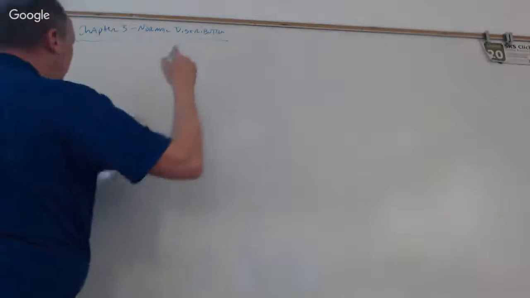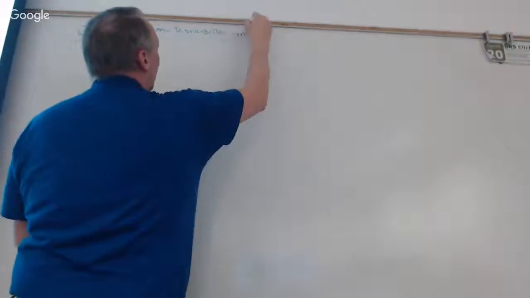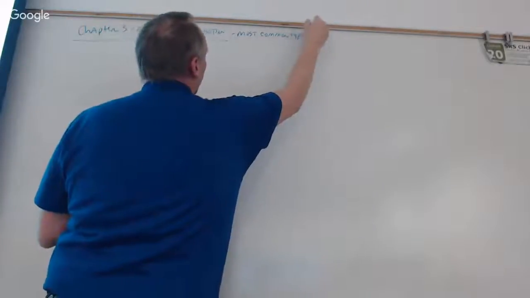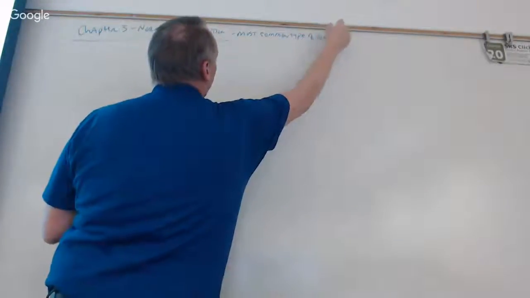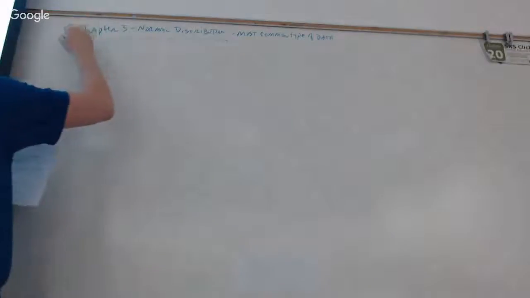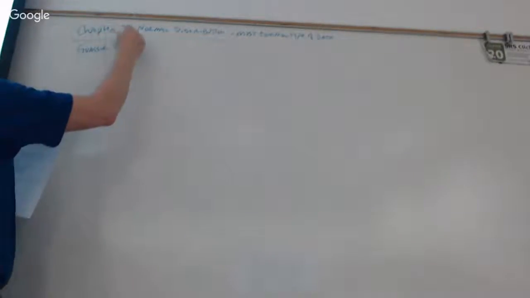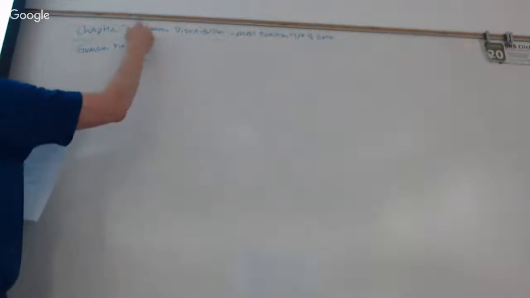So the normal distribution is the most common type of data. Okay? It's actually called the Gaussian, G-A-U-S-S-I-A-N distribution. This is a funny story, okay?